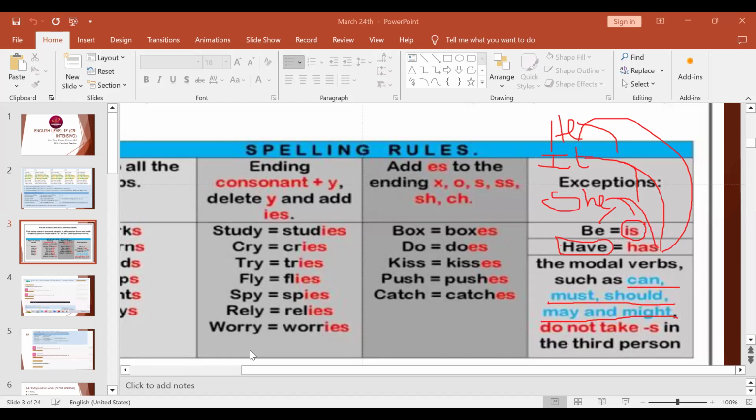We are going to practice this on the Moodle. We have an exercise. I would like to go back to the Moodle. Let's return to the Moodle, please. The platform. Return to the platform.